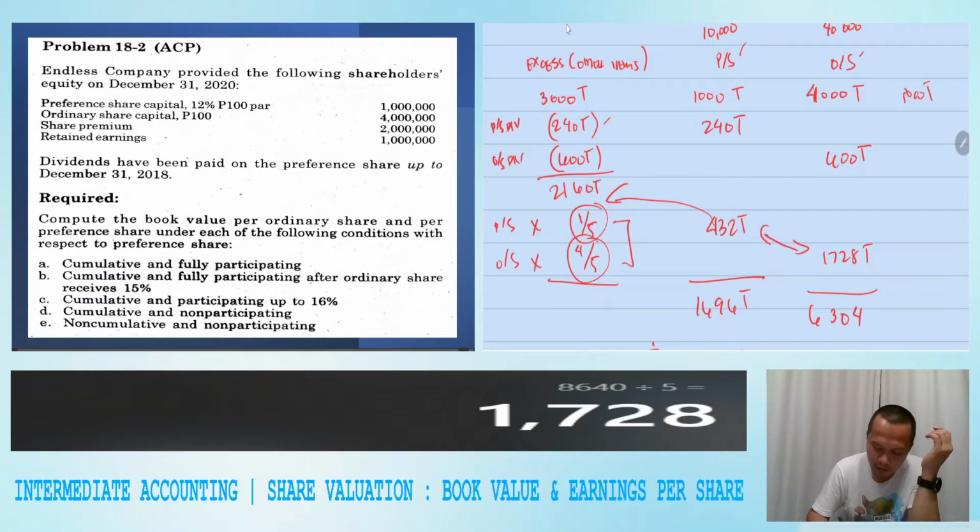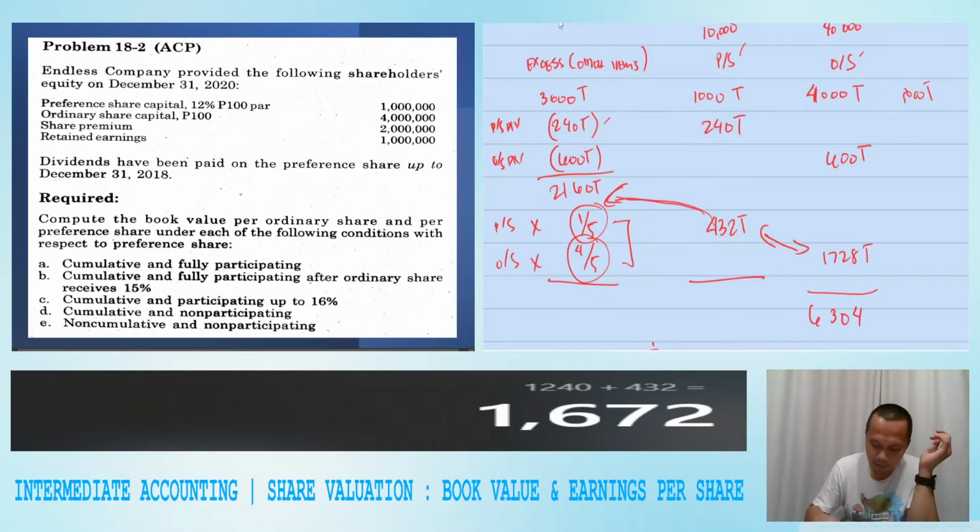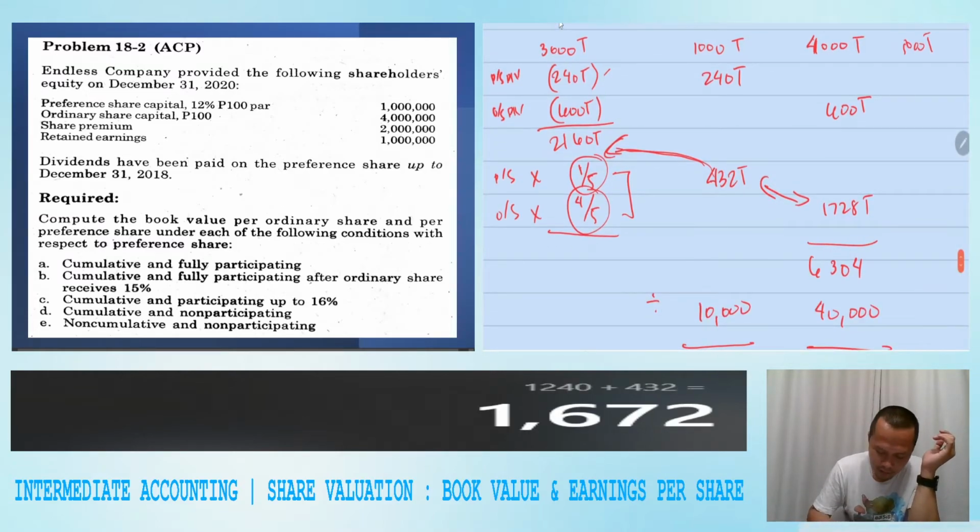Again, it is still the same. You should total that, which is 2,160. The effect of that is that 1 million par plus 240 for the dividend plus 432 for the full participation, 1,672 total stockholders equity of the preference share.